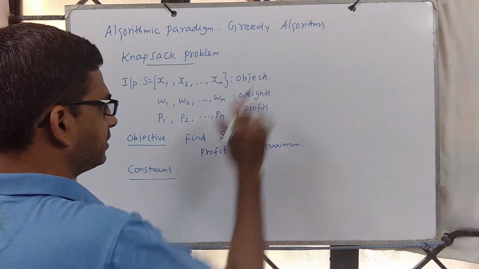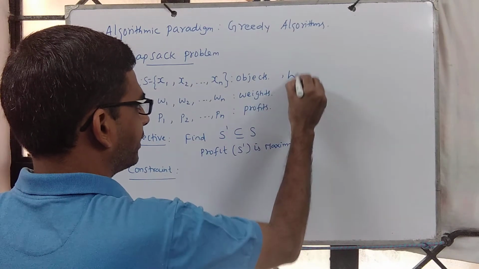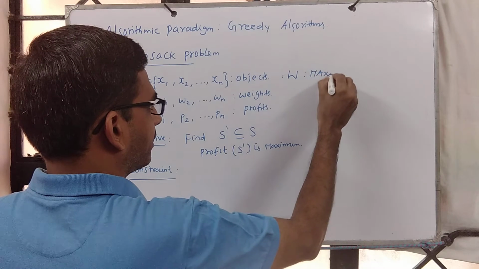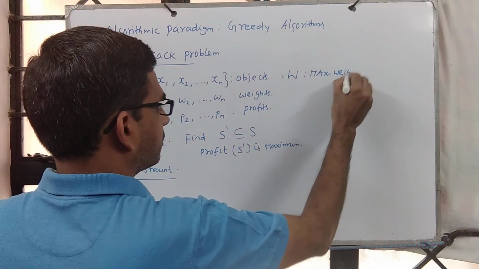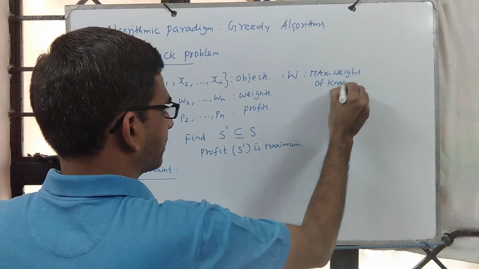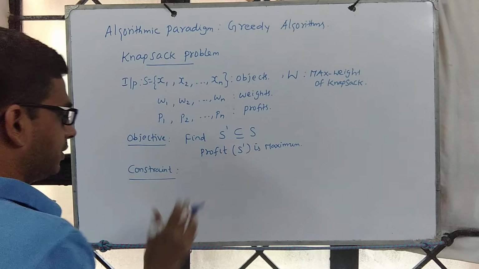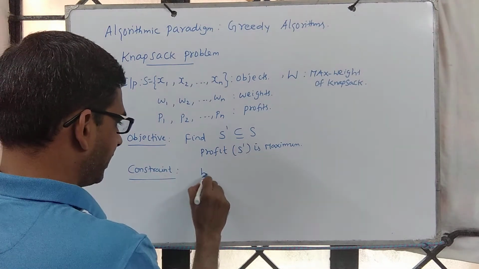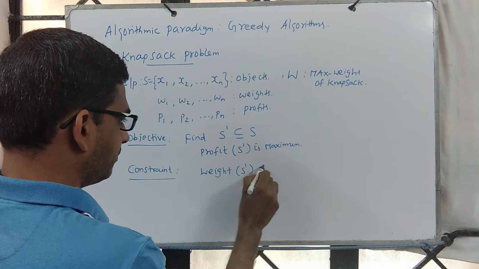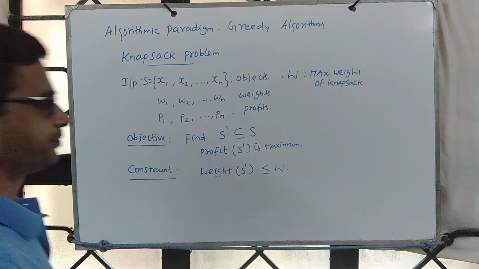So along with this, you are also given something called W that says the max weight of your box or knapsack. Knapsack is a bag. So the constraint is this, such that the weight of S prime is less than or equal to W.